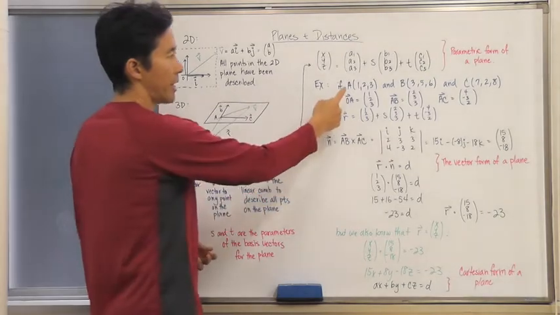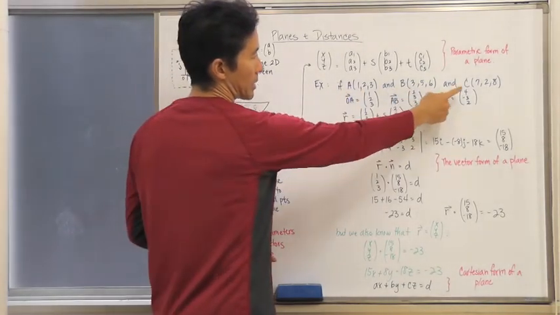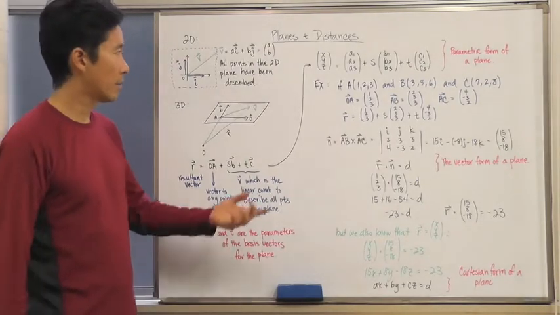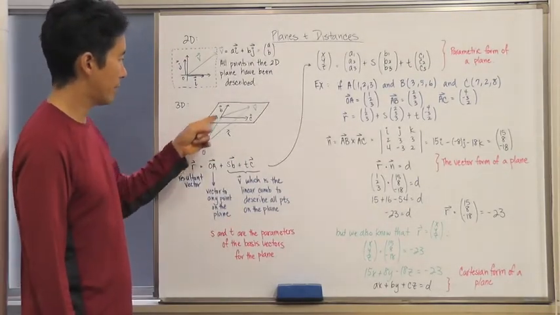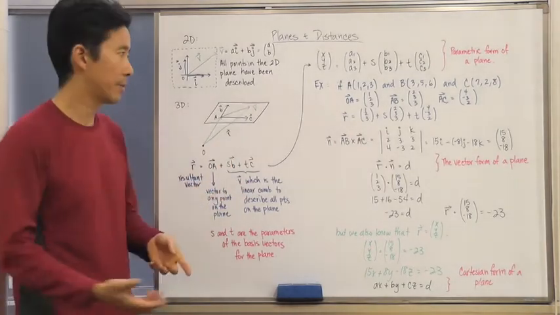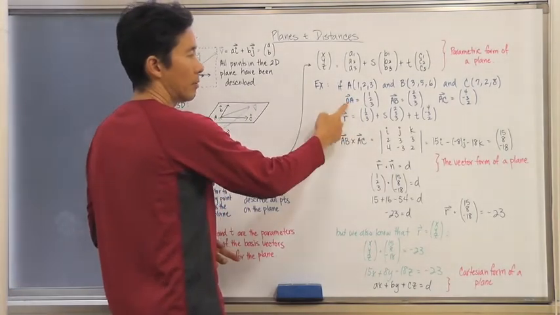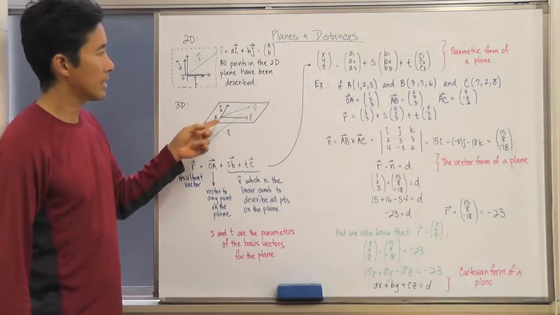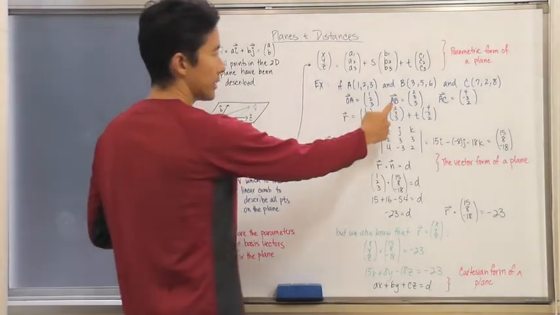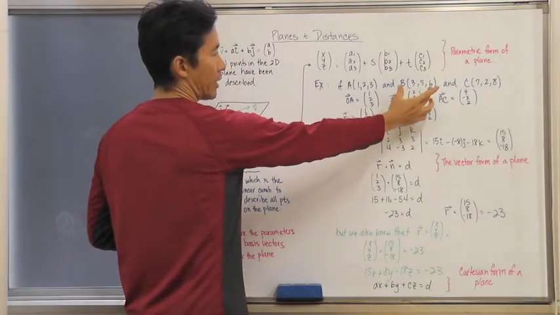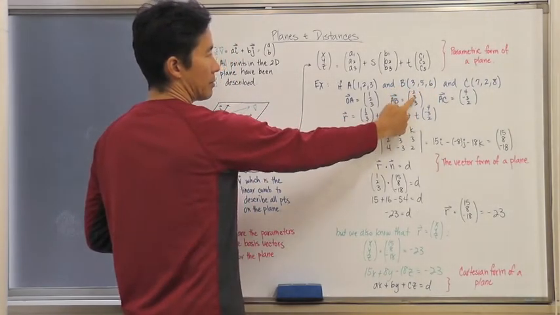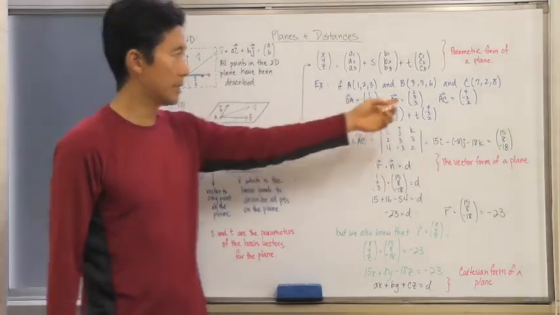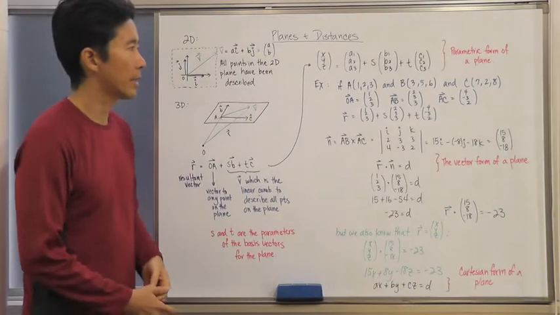Now let's take a look at an example. Say A is (1, 2, 3), B is (3, 5, 6), and C is (7, 2, 8). What do we have to find? We have to find the vector from O to A. That's simple, because A is (1, 2, 3), so OA is (1, 2, 3). Then we need to find AB in order to get the b vector, which is (2, 3, 3), and the vector from A to C, the c vector, is (4, -3, 2).